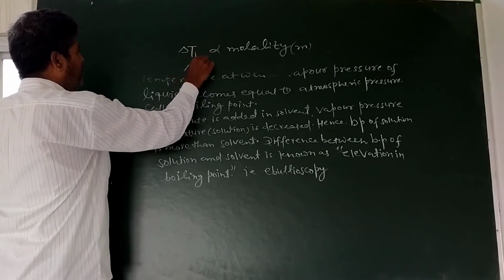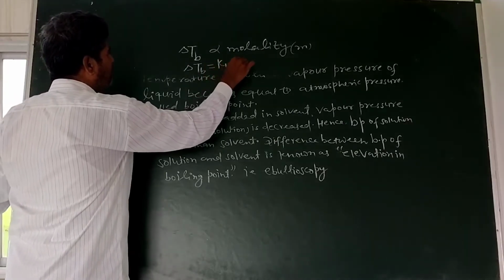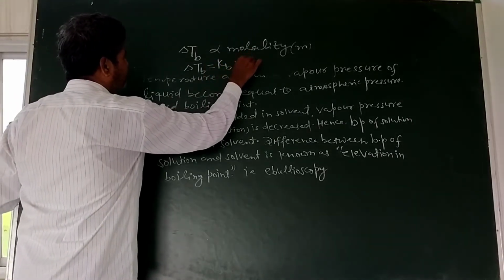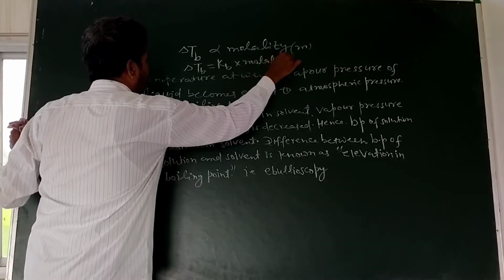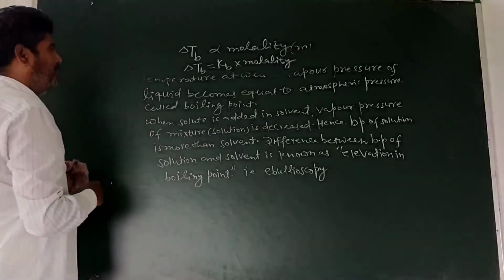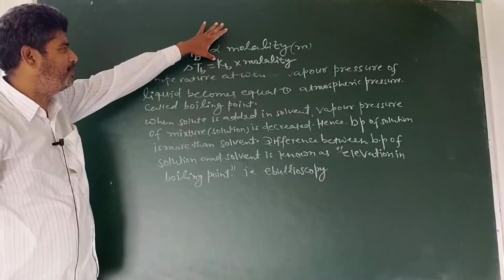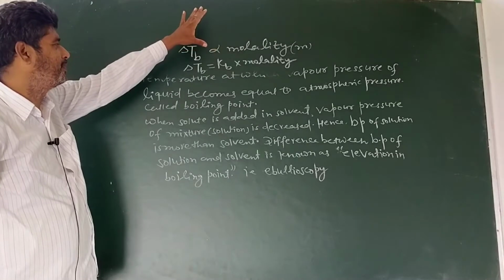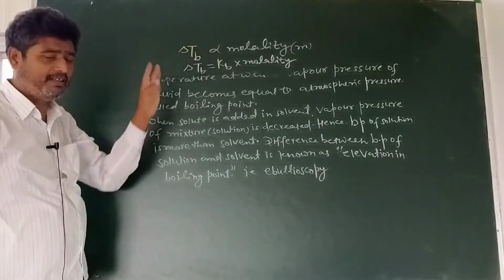So delta Tb is equal to Kb into molarity. Here Kb is the proportionality constant known as the boiling point elevation constant.